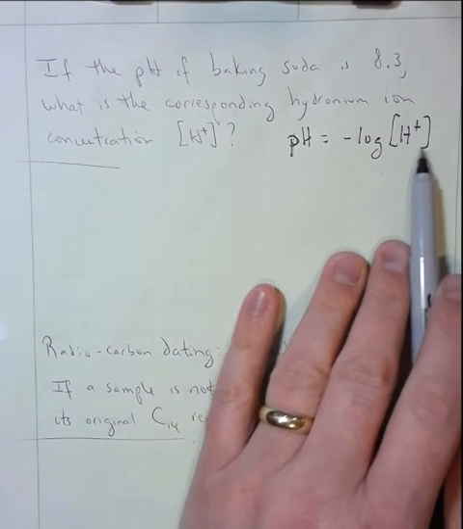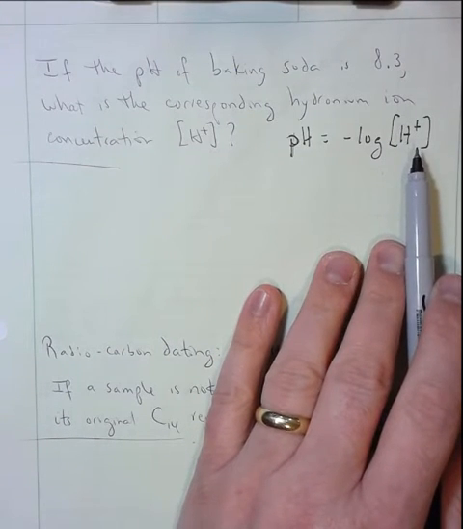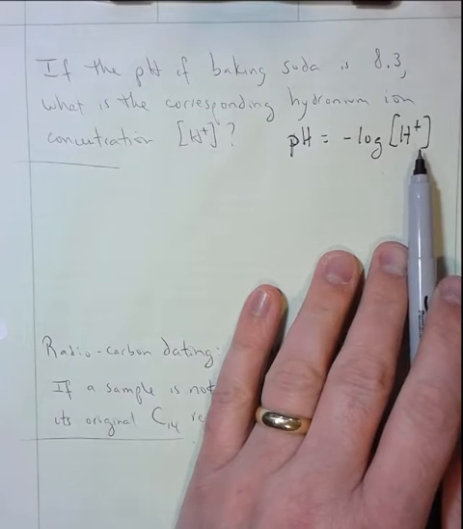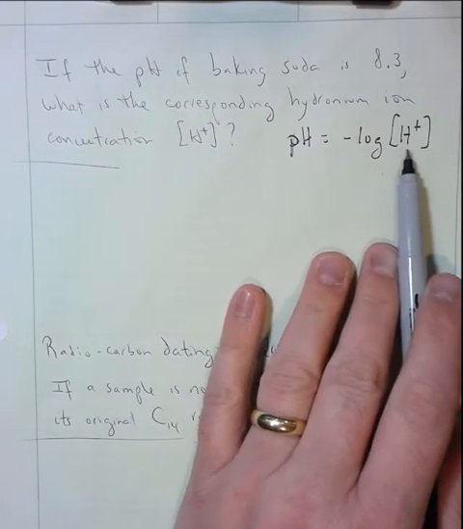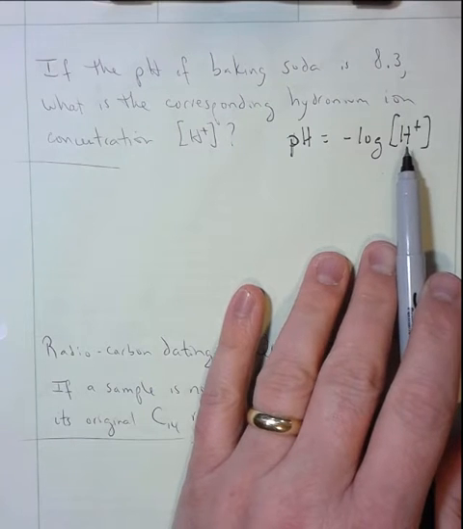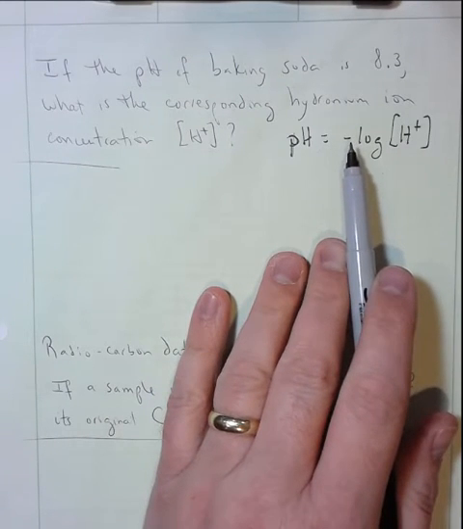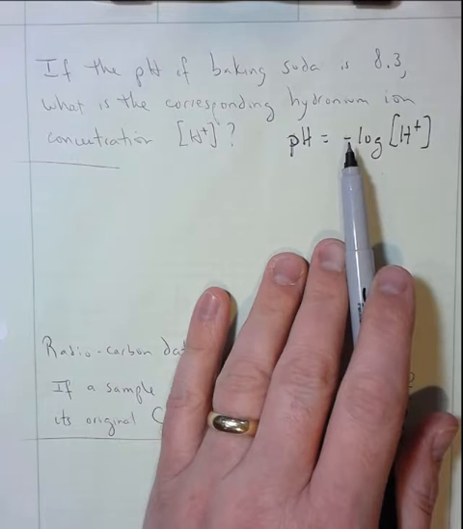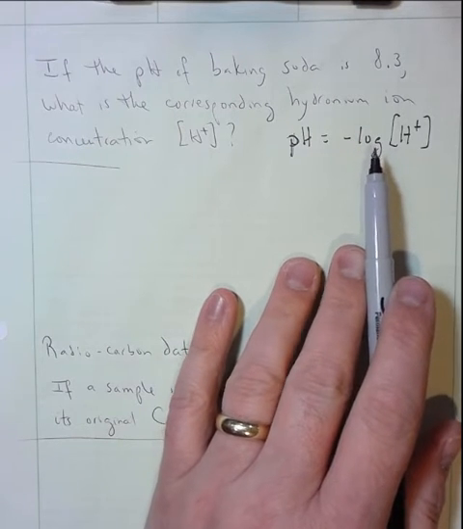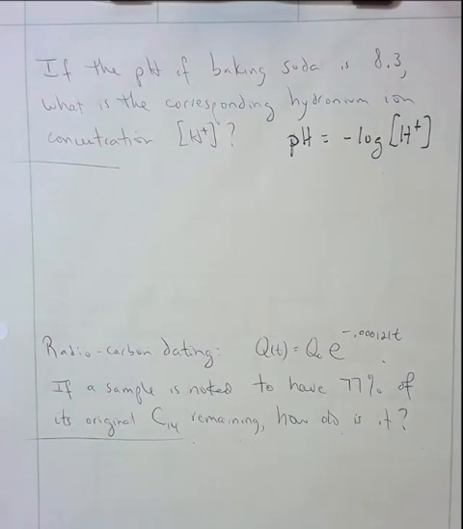Now, since this number is very tiny, we actually need a negative power of 10, like 10 to the negative third, 10 to the negative fourth. And so the log of this small number is itself a negative number, and so we throw on an extra minus sign so that we're doing the negative of a negative value, which makes the whole thing positive, and ta-da, there you have a pH, usually on a 0 to 10 type of scale.